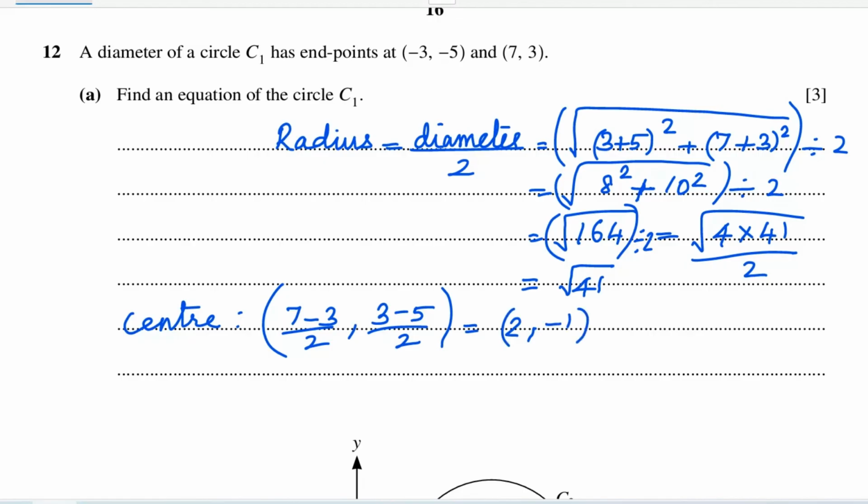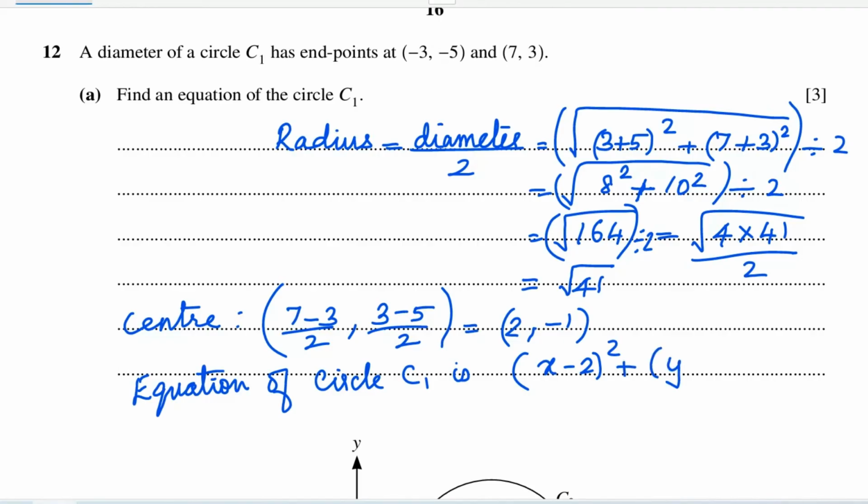So this is the center. So we need to write the equation of the circle, which is (x minus 2) the whole square plus (y minus of minus, which is plus 1) the whole square equal to square root of 41 square, which is nothing but 41.